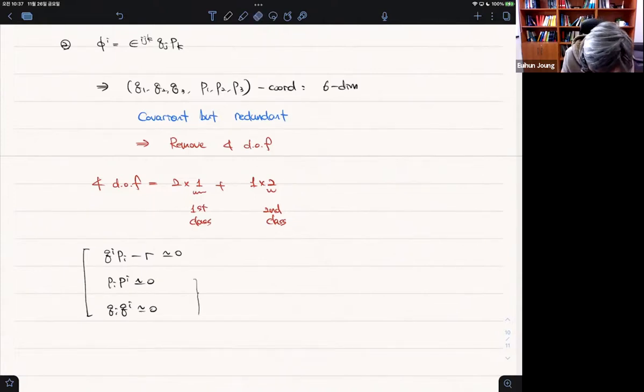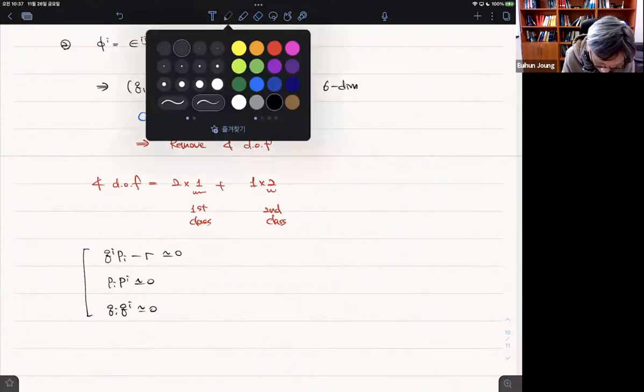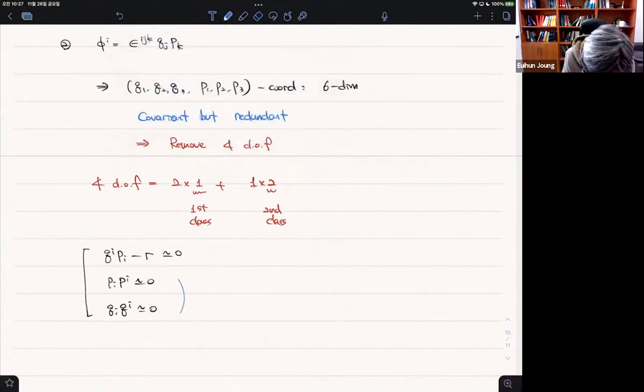This is the second class, and this is the first class. It is because if you do the bracket, then you get this one, and this one is R, so it's constant. So it's second class.